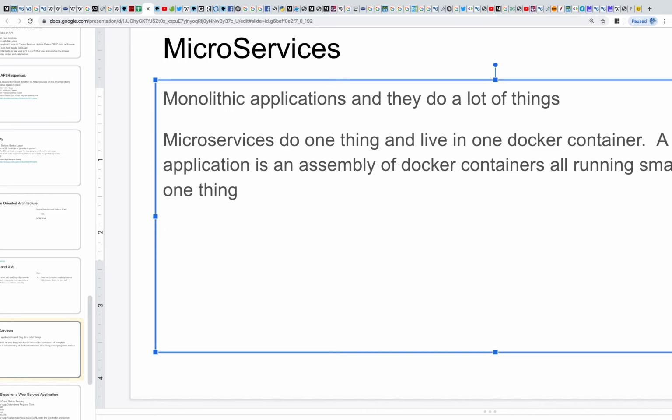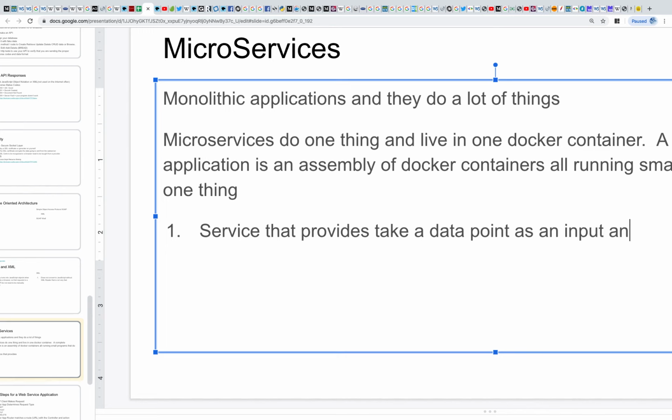You'll have one application or one service that takes a data point as an input and then provides the z-score of the data point.